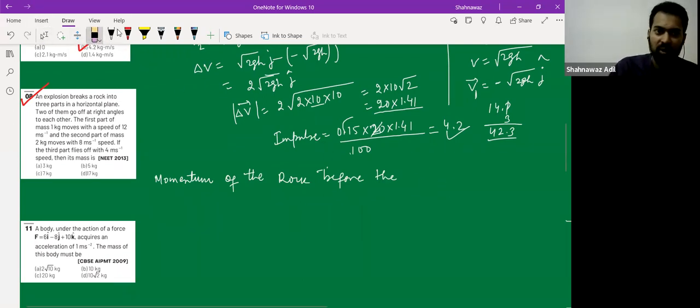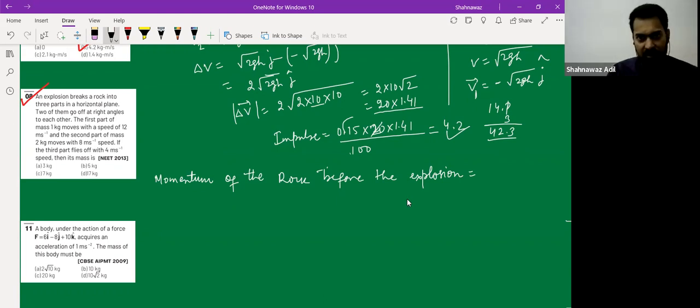So Anna, what was the momentum of the rock before the explosion? Was it moving? Did it have velocity?